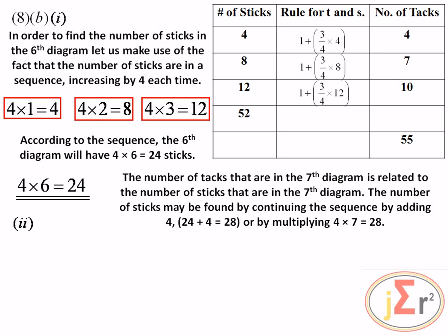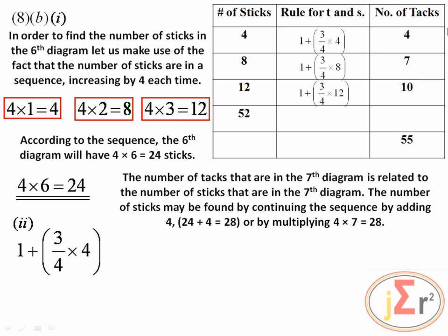They are related. So determine the number of sticks in the seventh diagram. That may be done by continuing the sequence. By adding 4 to 24, we get 28, or we may just say 4 multiplied by 7 is equal to 28.